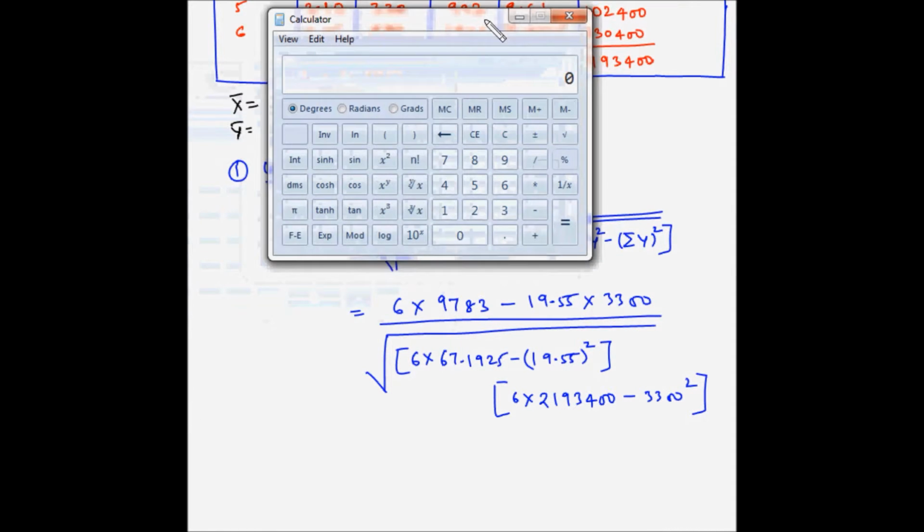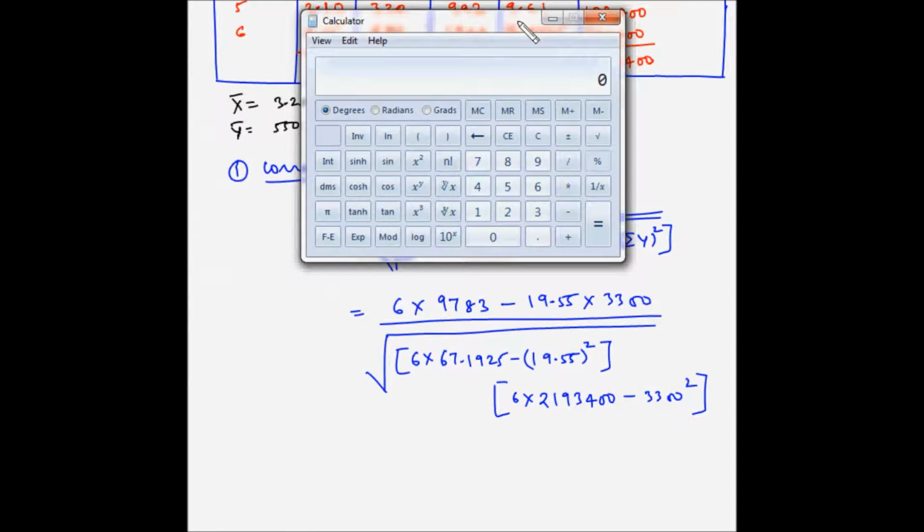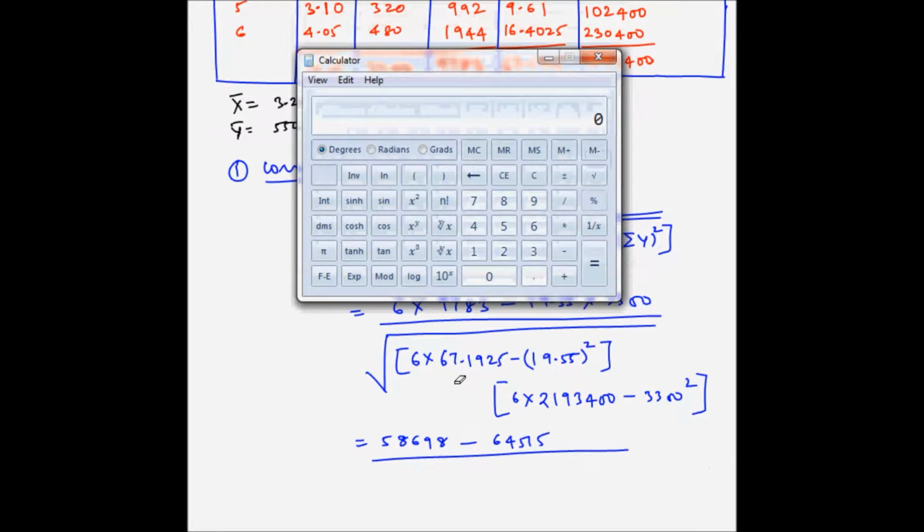So let me pull my calculator here. 6 multiplied by 9783, 58698. So this is equal to 58698 minus 19.55 multiplied by 3300. This is 64515 divided by, now let's move to the denominator.